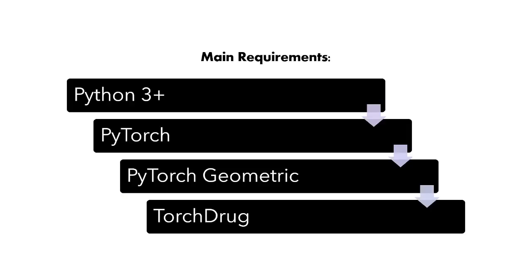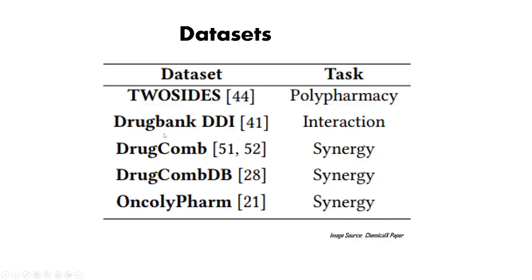The requirements for this are Python 3 plus PyTorch, PyTorch Geometric, and TorchDrug. This will take about 30 minutes or so to install on, say, a Google Colab machine. So it takes a little bit of time, but once it's up and running, it's fairly straightforward. The package itself comes with some pre-processed data sets.